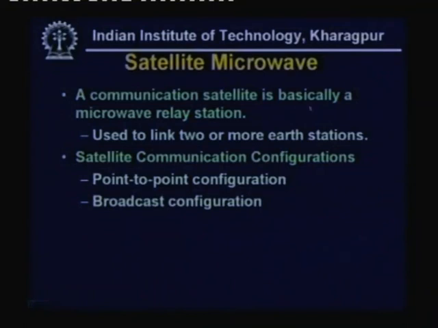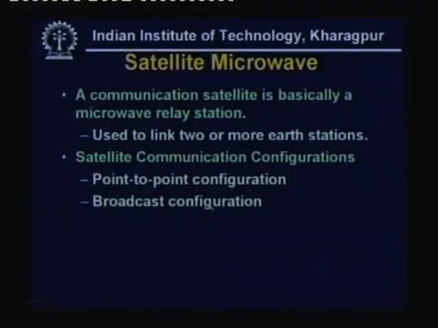So, in satellite microwave, what we are trying to do is put a relay station in the sky at a very large distance. In this case, as we shall see, the antenna height is quite large. For example, it can be as high as 36,000 kilometer.